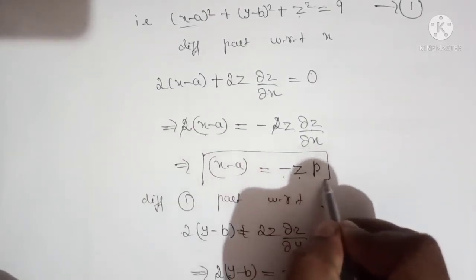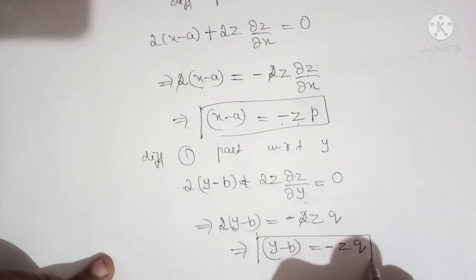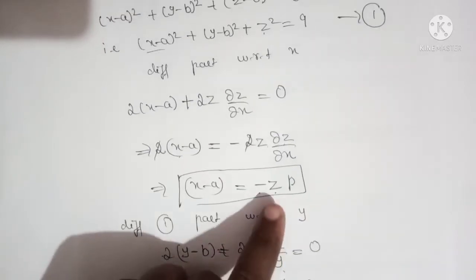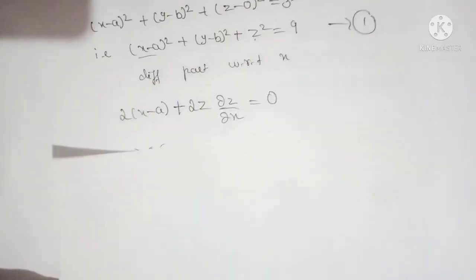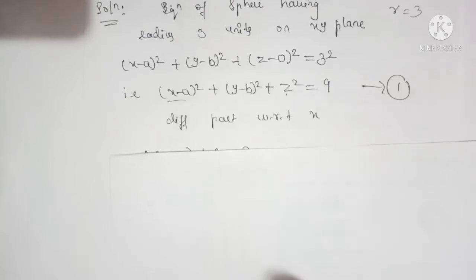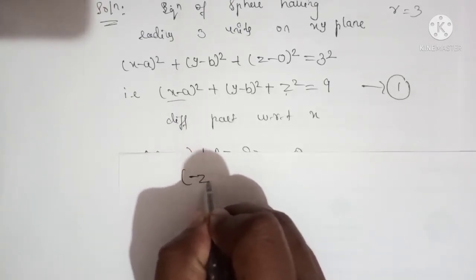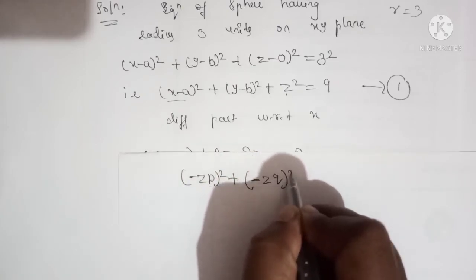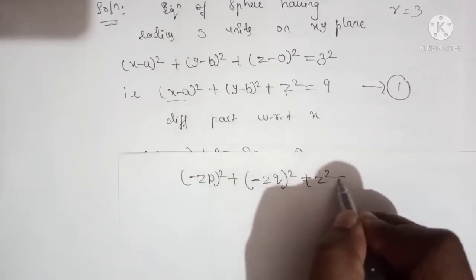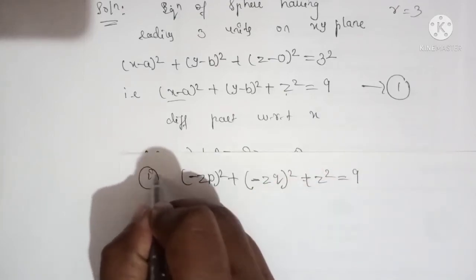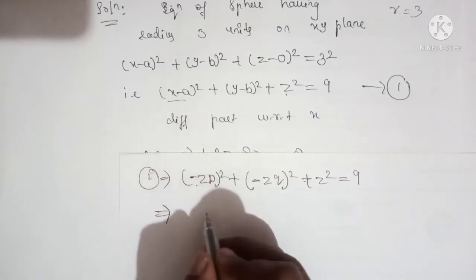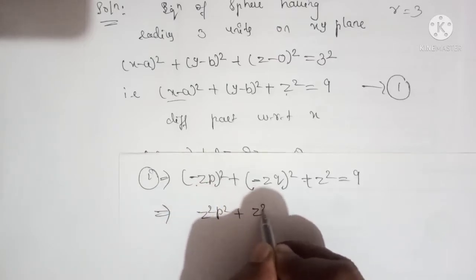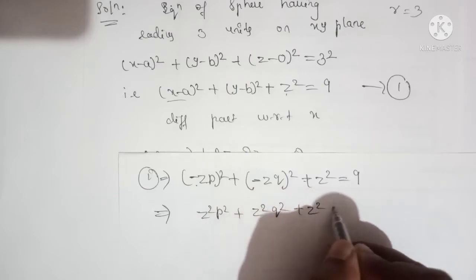Substituting these two values in the given equation 1, we get (x minus a) whole square equals (minus zp) whole square plus (minus zq) whole square plus z square equals 9, or z square p square plus z square q square plus z square equals 9.